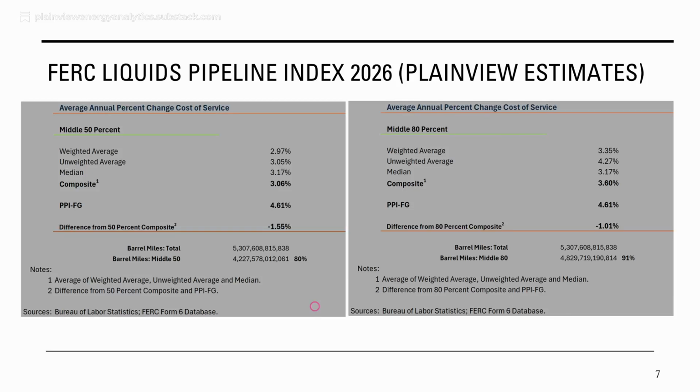So this is my analysis based on the previous 5 years of data, and we'll look at the middle 50% in case they trim to the middle 50% going forward, or the middle 80%. So I've looked at both scenarios.